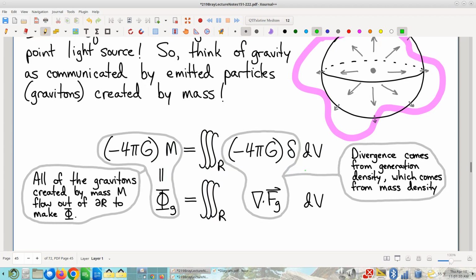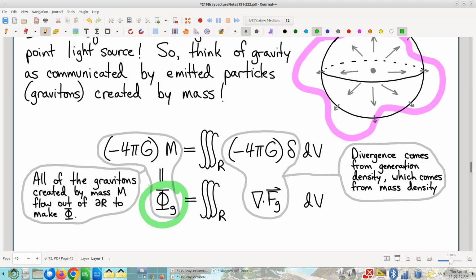First thing I'm going to say about the flux. If you ask me how much flux do I have? Well, there's mass on the inside. Mass is creating a flow of gravitons, let's just say. Again, who knows? Might not be true. Might as well be, though. If you've got mass on the inside and it's shooting out gravitons, how many of those gravitons are going to pass through my surface? How many of those gravitons are going to create flux as they pass through that surface?